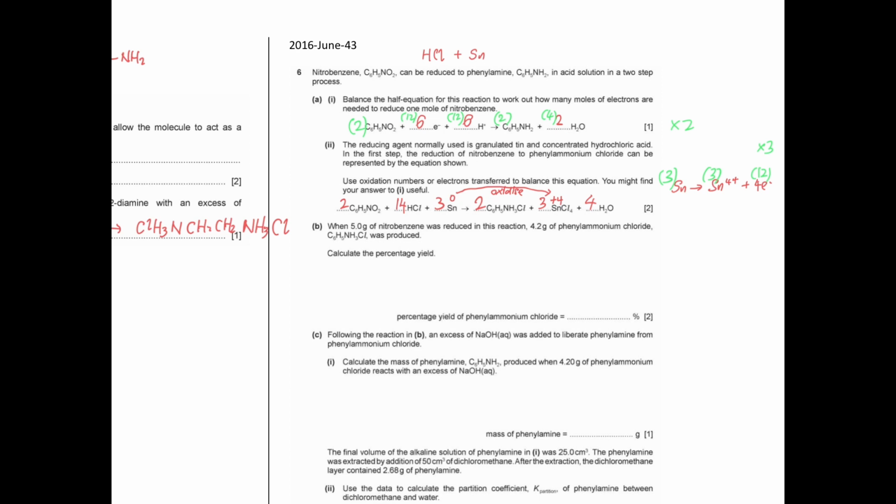Okay, so that means this is the C6H5NO2, which is nitrobenzene. You use 5 gram. And then phenyl ammonium chloride is this one, which produced 4.2 gram. So I write down first: this is 5 gram, this is 4.2 gram.